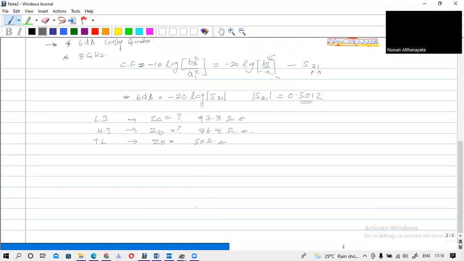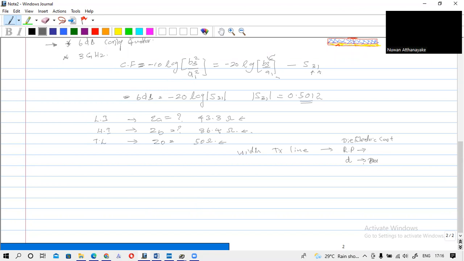So the width of the transmission line mainly depends on the relative permittivity of the dielectric, also called the dielectric constant, and also the thickness of the dielectric material.